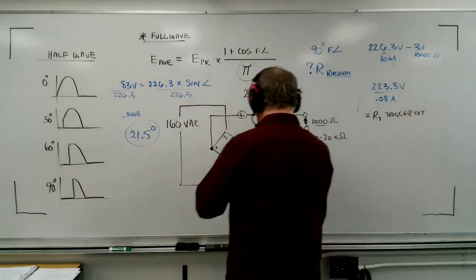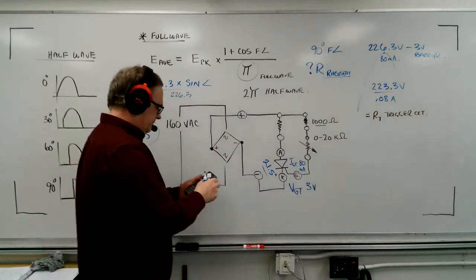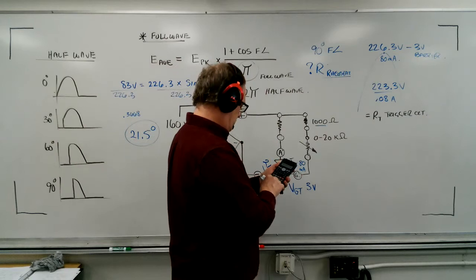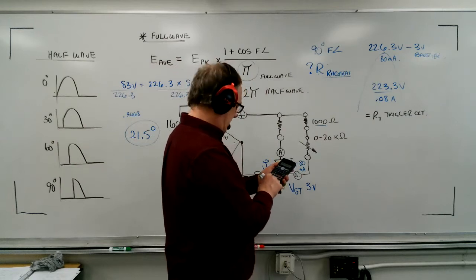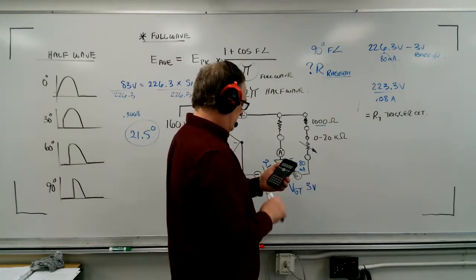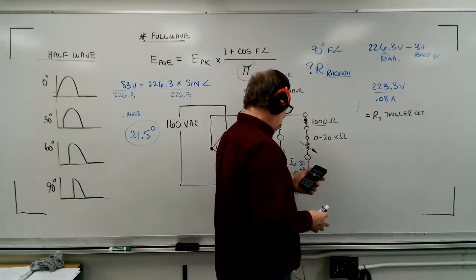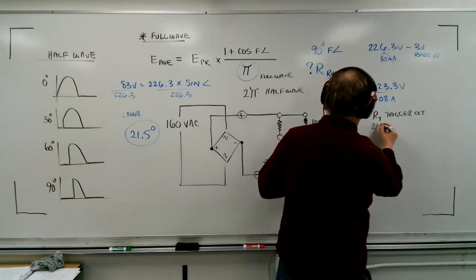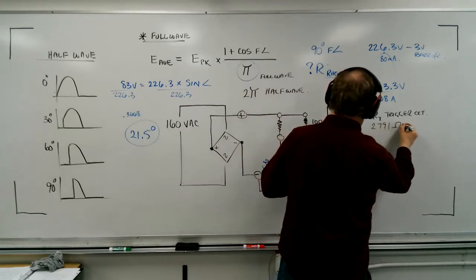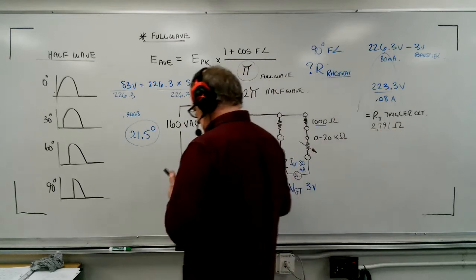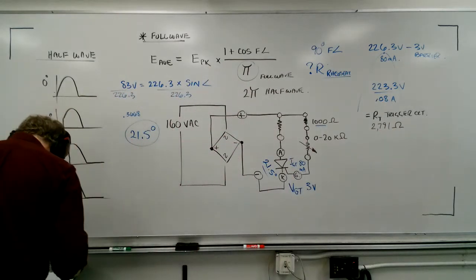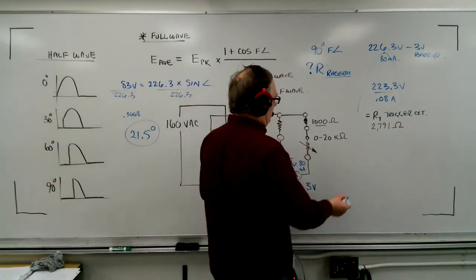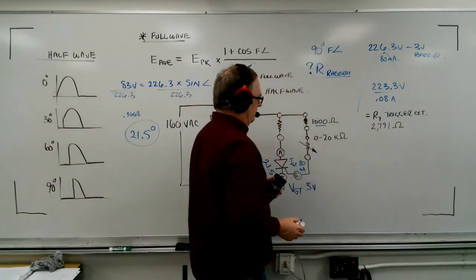And let's calculate that out and see how much it is, okay? So we've got 223.3 volts divided by 0.08 amps, and that equals 2,791 ohms. And so now if you take a look, you go, okay, this is the total amount of resistance I have to have in the circuit.